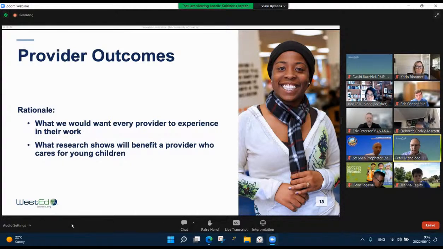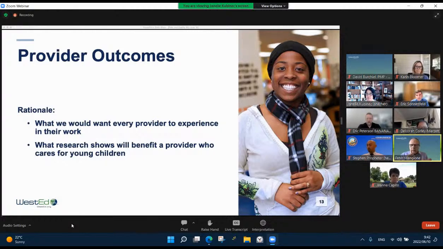How would we want to understand what they're experiencing? And then what do we know from research that shows us how providers can benefit when they are caring for young children? So again, we want research to inform us, but we also want to rely on what we know from experience and best practice. So let's take a look.